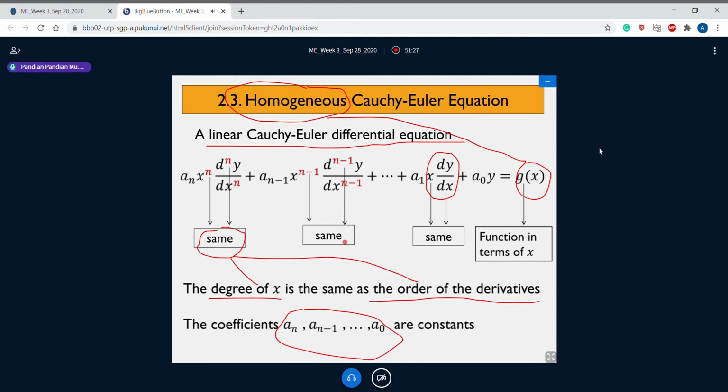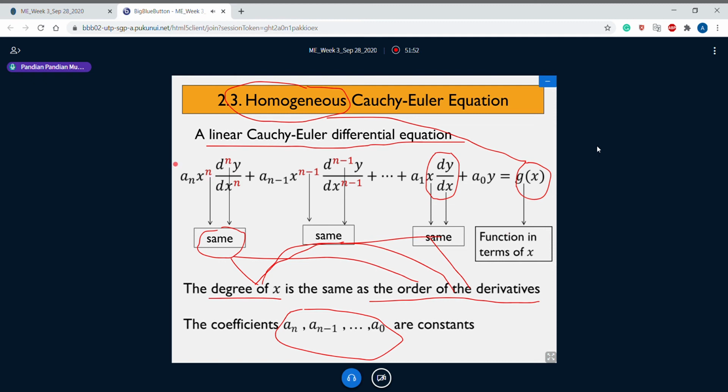That is the meaning of same. Degree and the order. On the right hand side, you don't worry, it is a function in terms of x only. But this one, g(x), we will put 0 later because it is homogeneous.